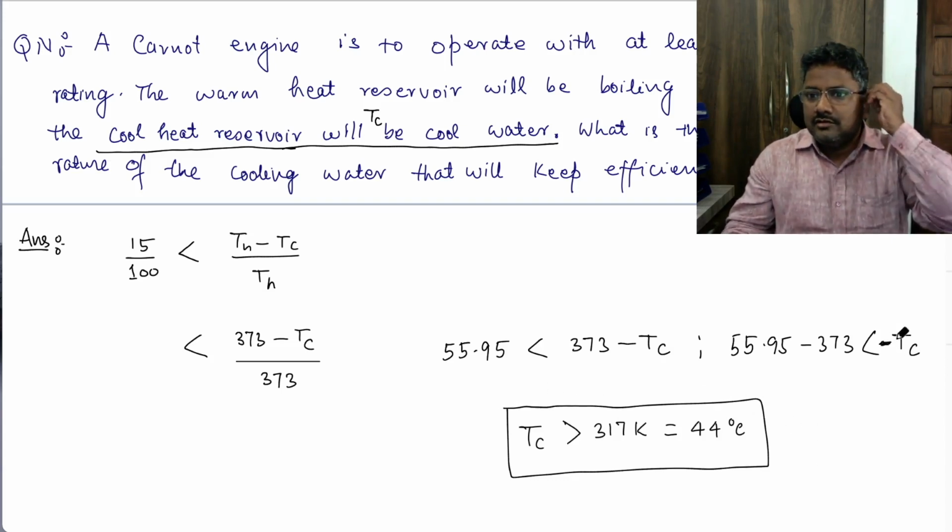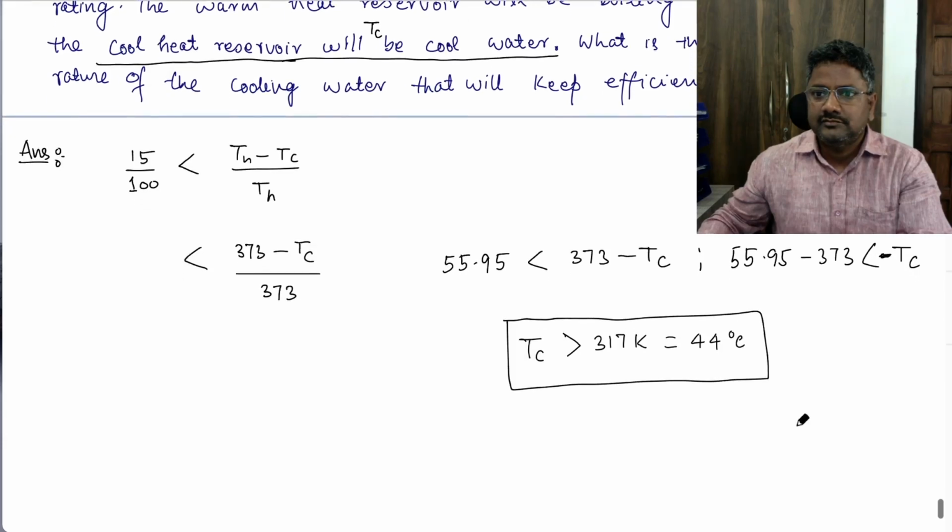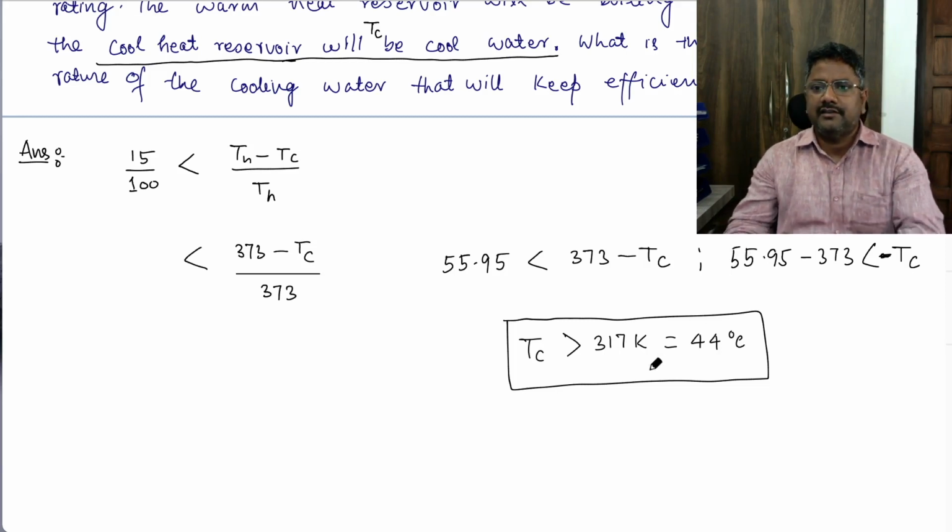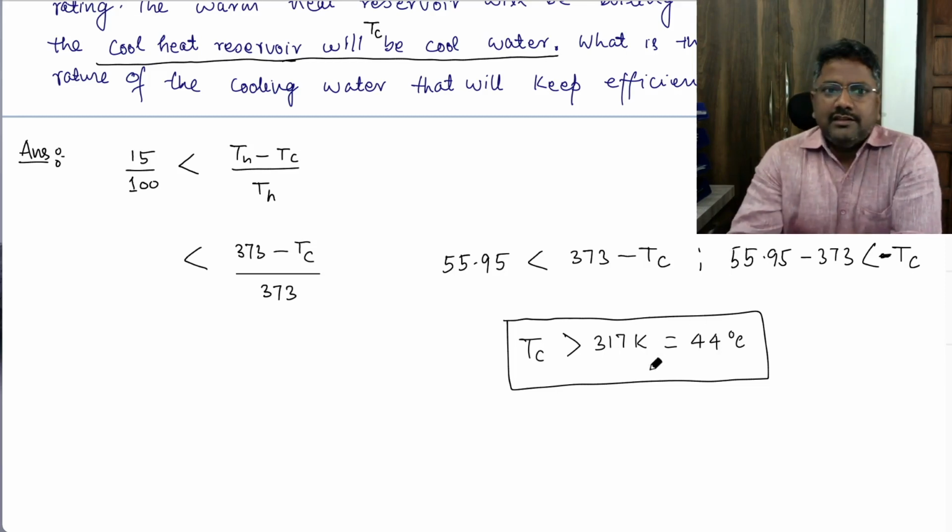What you can do here, you can multiply this with minus sign, so this becomes positive. So this Tc should be greater than 317 Kelvin. Okay, so in this way you can calculate.